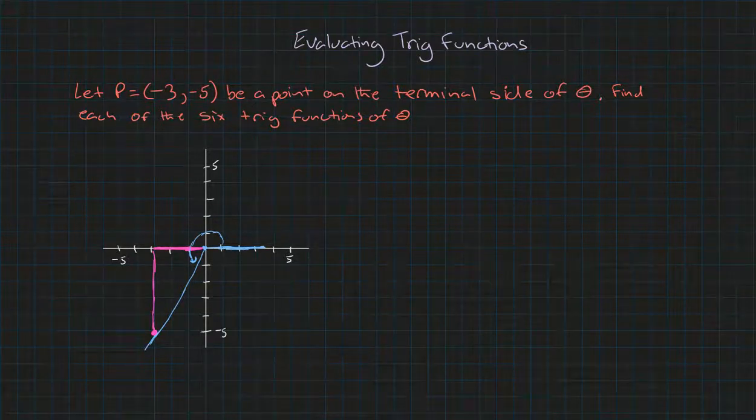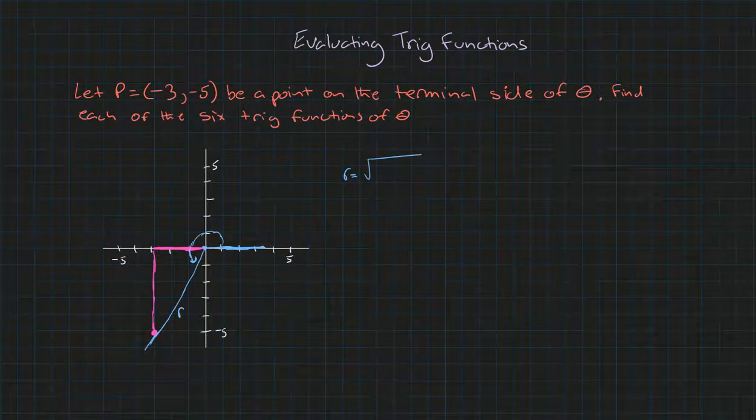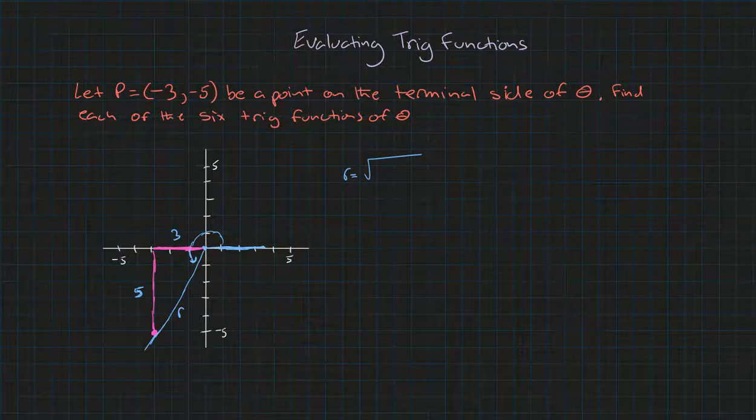So I have a right triangle that I can easily use to find out what r is first, and then I can find the six trig ratios. So let's do r first. Remember, we traveled 3 in this direction, and we went down 5. So the height is 5, and it's 3 units wide, or the base is 3.